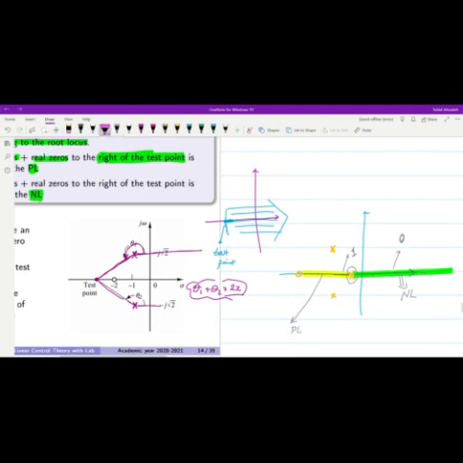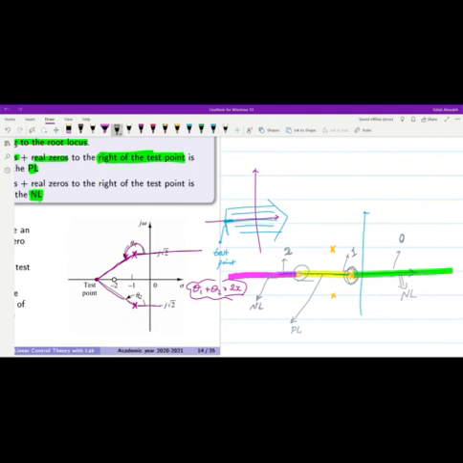The next segment to consider on the real axis is this segment, for which if I count the number of the real poles and zeros on the right side for any test point, we will get these 2 poles and zeros. So the number that we get over here will be equal to 2, which is an even number, and as a result, this segment of the real axis will belong to our negative locus.